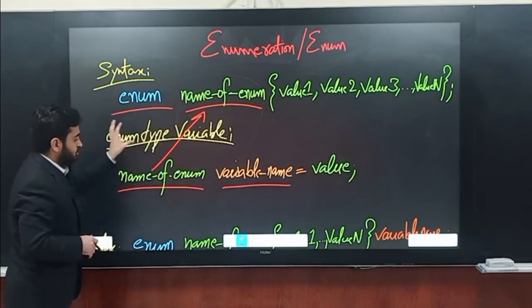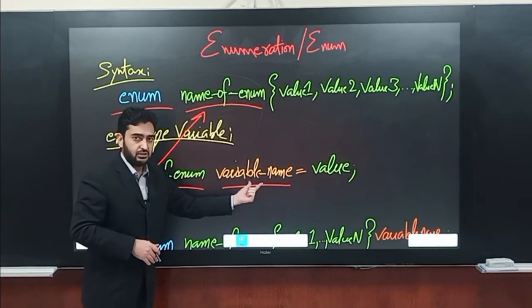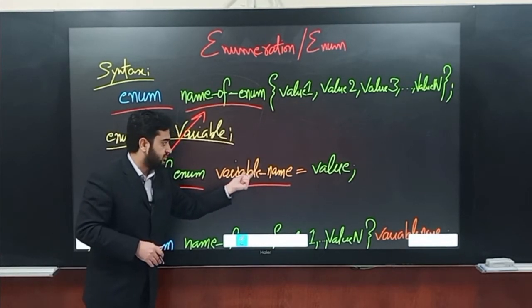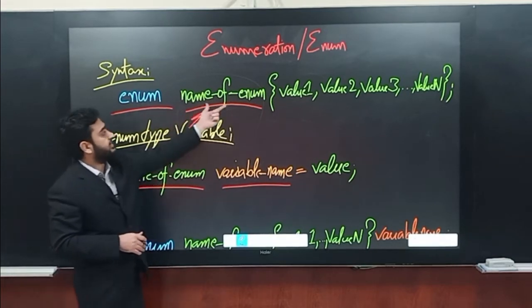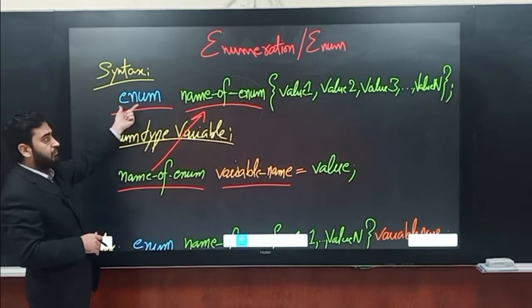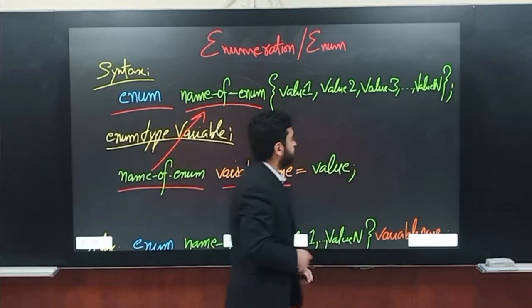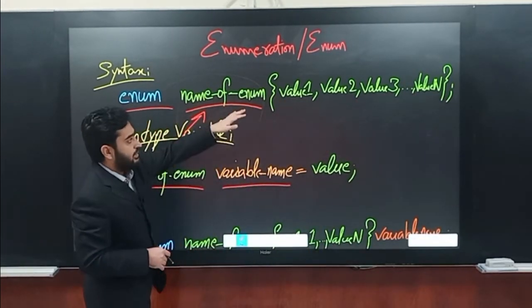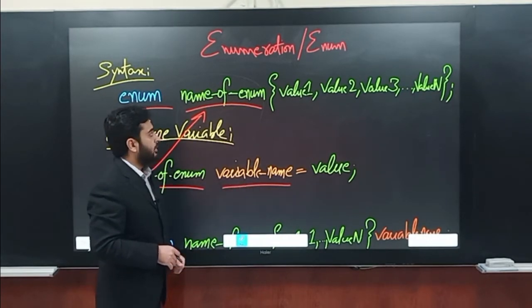So this is the variable, the identifier, and this is the user data type, which has been defined through enumeration, and that data type has specific values. These values can be assigned only to the identifier, the variable.